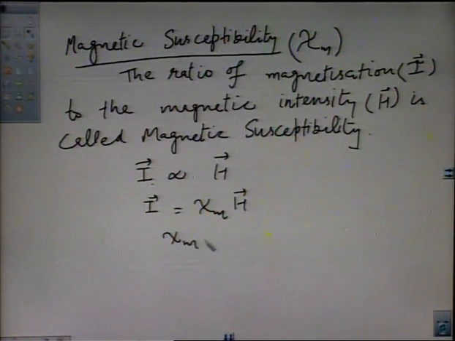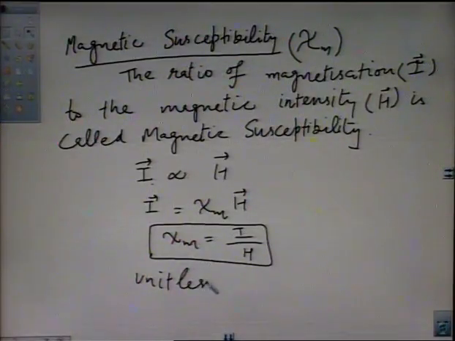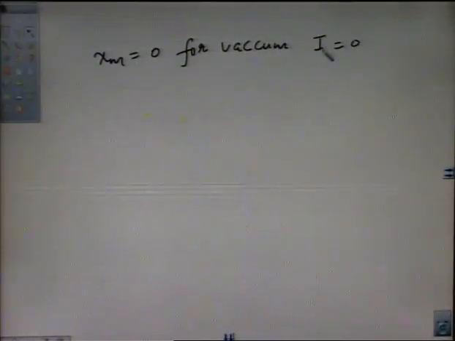So this is equal to I upon H. This is the ratio of I and H. This is also a unitless quantity. Now the value of magnetic susceptibility chi m is 0 for vacuum. In the case of vacuum, I is 0. There is no magnetization for vacuum, so the value of chi m is 0.